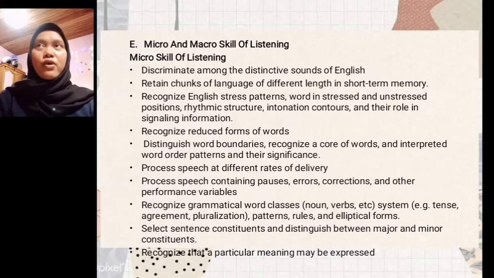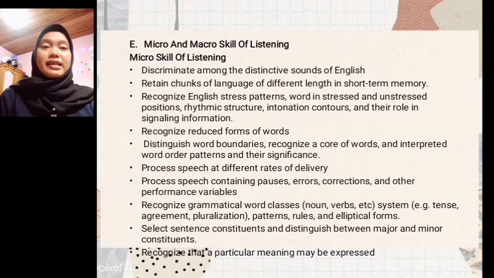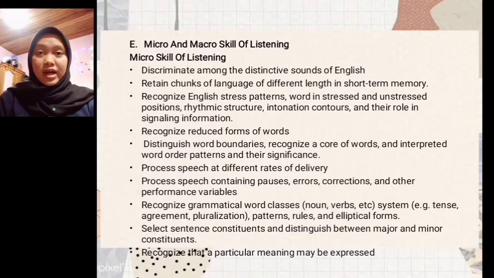reduced form, grammatical. So this micro skill means the ability to understand listening in terms of structure.